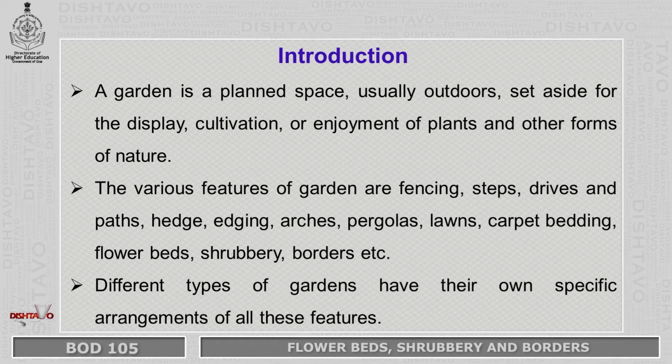Introduction. A garden is a plant space, usually outdoors, set aside for display and cultivation, enjoyment for plants and other forms of nature, mainly meant for recreation. The various features of garden are fencing, steps, drives and paths, hedge, edging, arches, pergolas, lawns, carpet bedding, flower beds, shrubbery, borders, etc. Different types of gardens have their own specific arrangements of all these features.